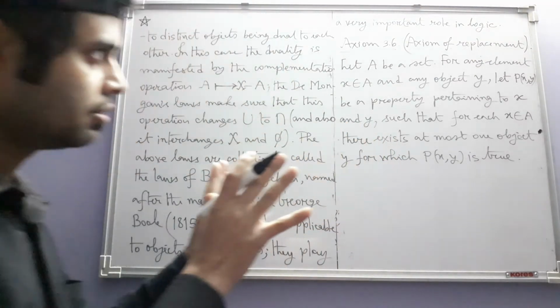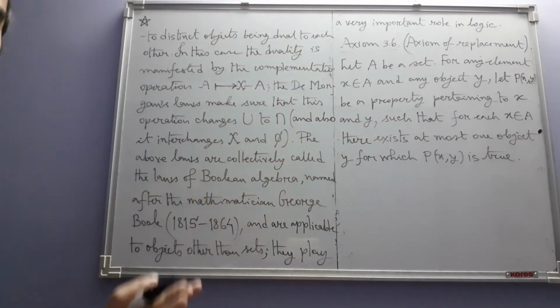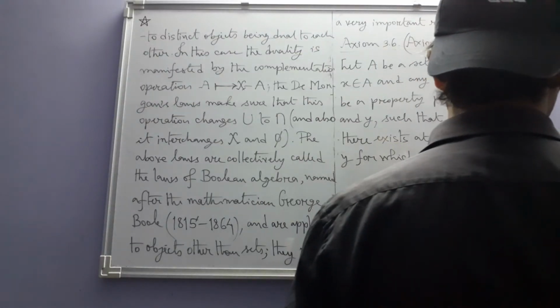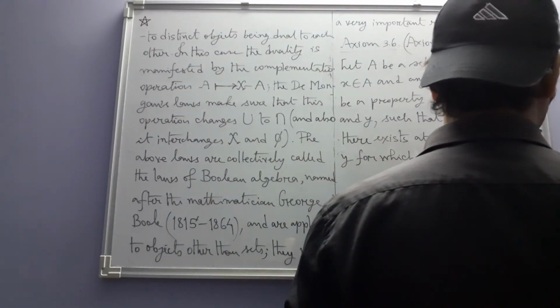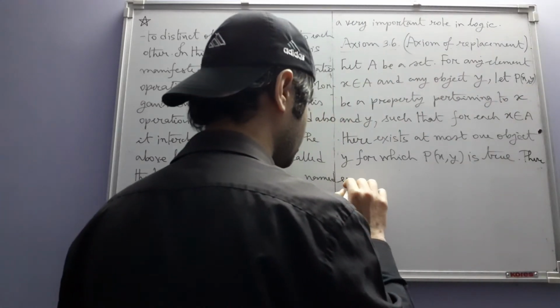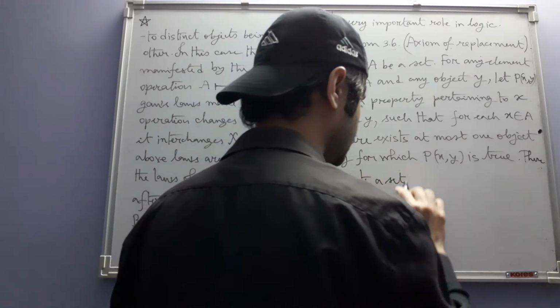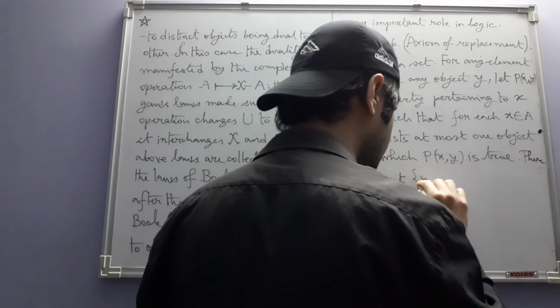Then if I have this hypothesis, this axiom says that there exists a set. What set?